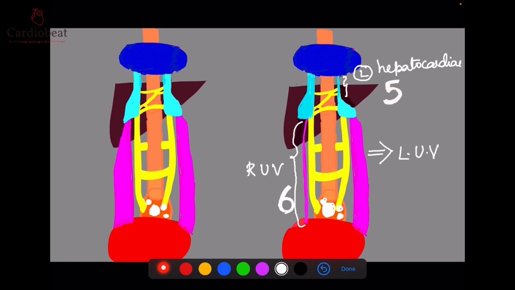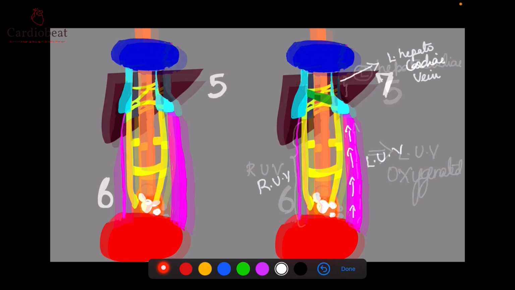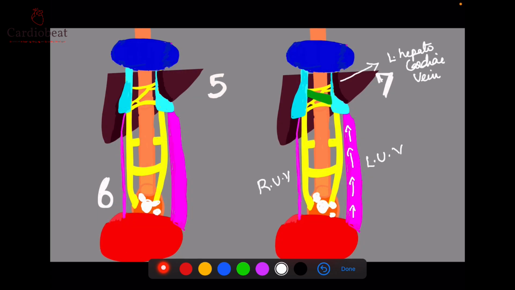So the left umbilical vein, which carries the oxygenated blood, moves forward, but it cannot empty its content into the left hepatocardiac vein because it has already regressed. Hence, the left umbilical vein has to find its way to empty its content into the sinus venosus.